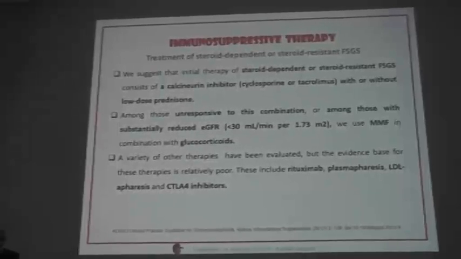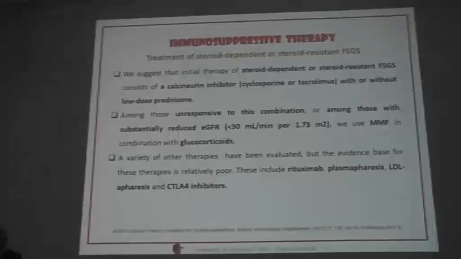For treatment of patients who are steroid dependent or steroid resistant, I think we're going to start with CNI or MMF, in the same scenarios that I mentioned, bearing in mind there is no evidence of decline of the GFR, interstitial fibrosis, or extensive glomerulosclerosis, or to use newer medication like rituximab or cytotoxic T-lymphocyte antigen 4 inhibitors.